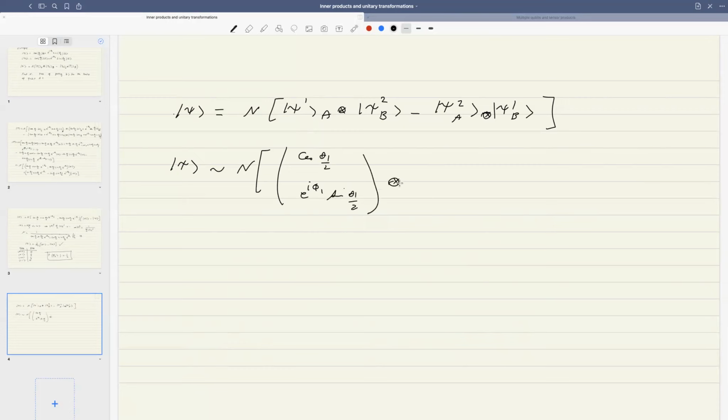Then I do the tensor product with cosine theta 2 over 2, e to the I phi 2 sine theta 2 over 2, minus switching 1 and 2, which is cosine theta 2 over 2. So this state now is the state of the first qubit, qubit A. So it appears first in the tensor product.